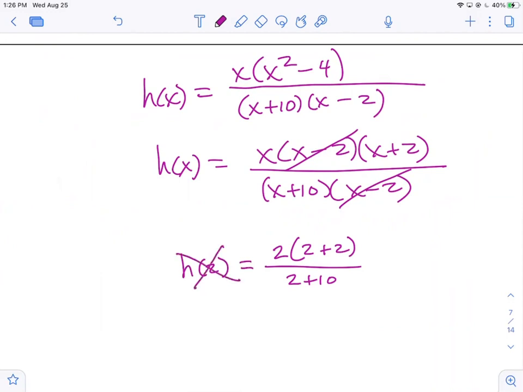No, I better not call that h of 2. So what could I call it instead? I would say plug in x equals 2. And what does that give us? It gives us 8 over 12, which simplifies to 2 over 3. Okay.